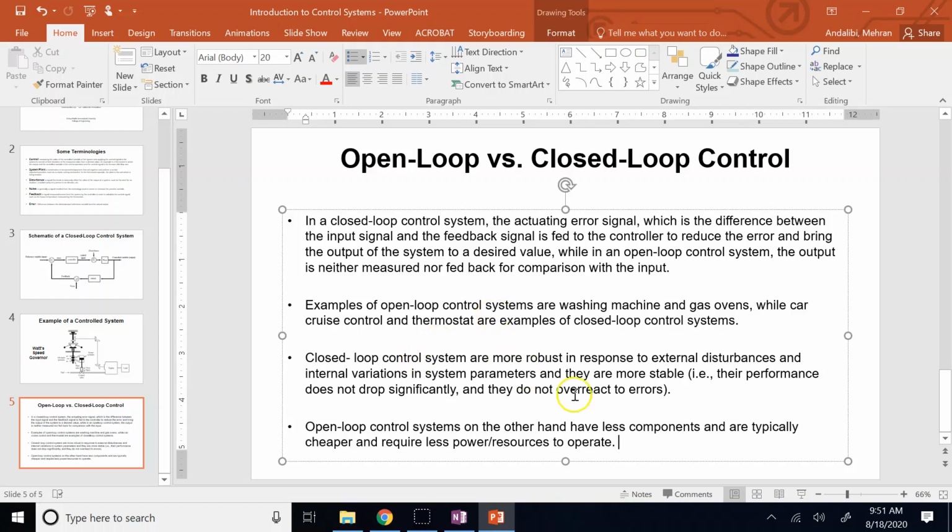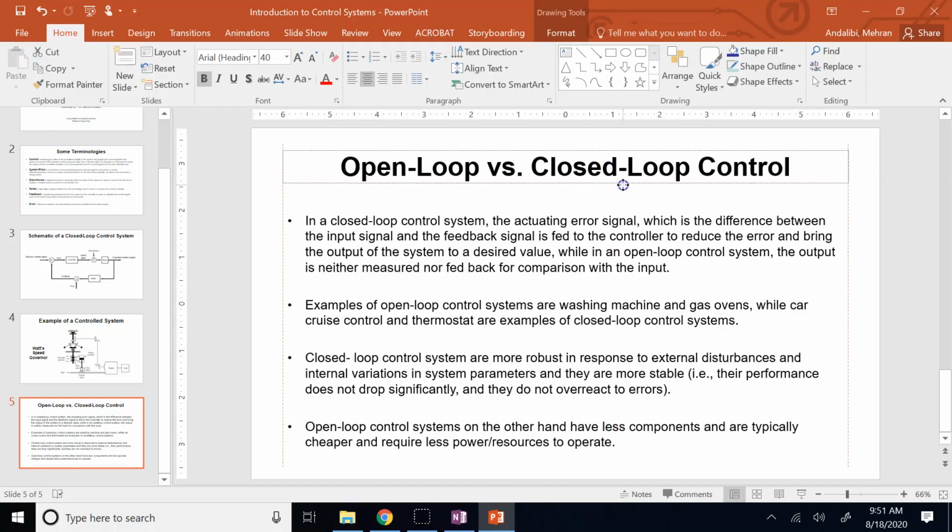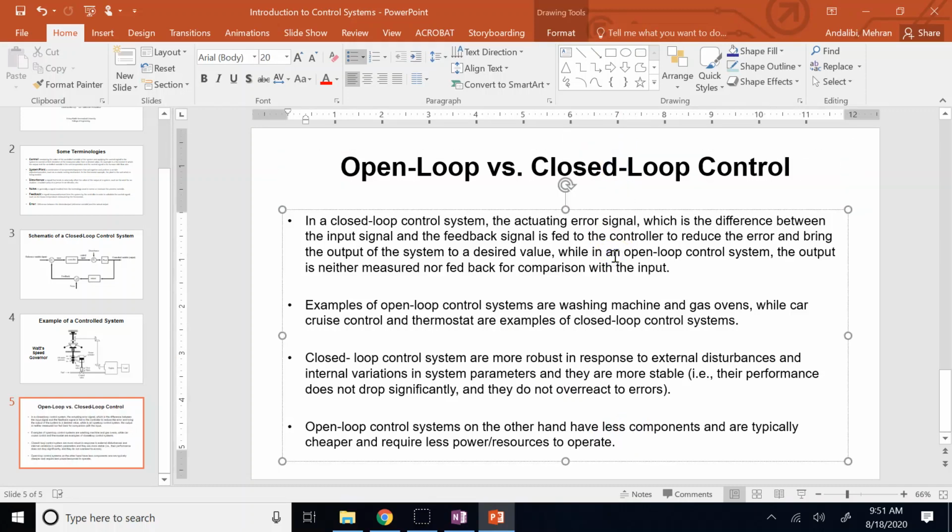And one other reason that I have not mentioned here is sometimes you cannot really measure the desired outputs or the actual outputs, or it's really hard. In a laundry machine, how would you measure the cleanliness of the clothes?